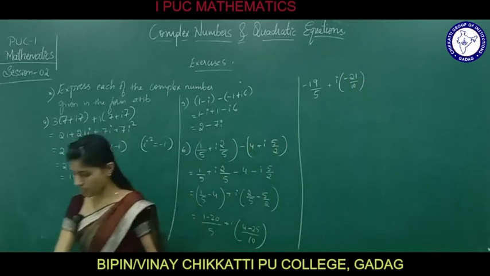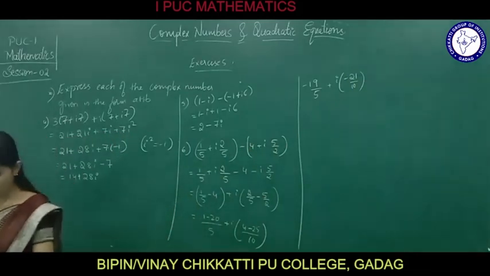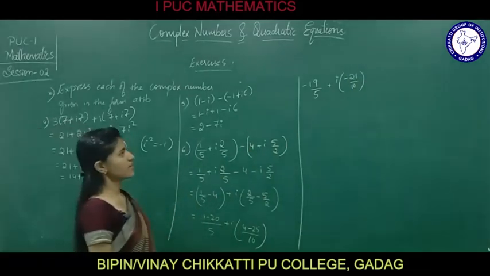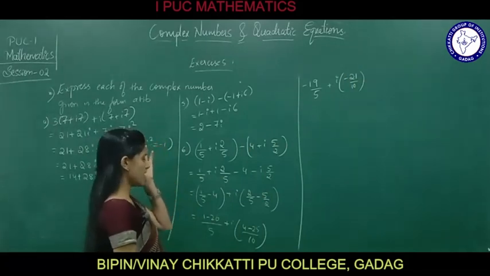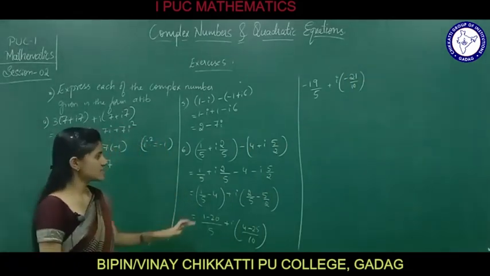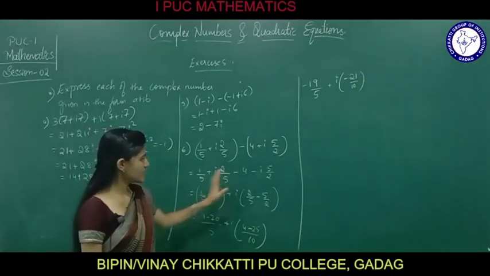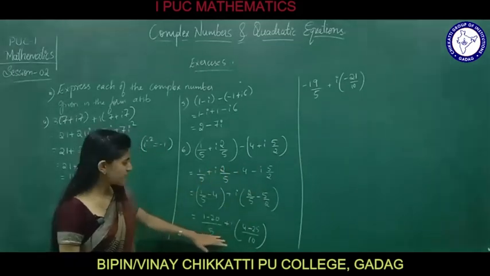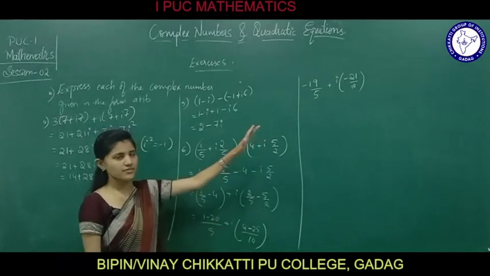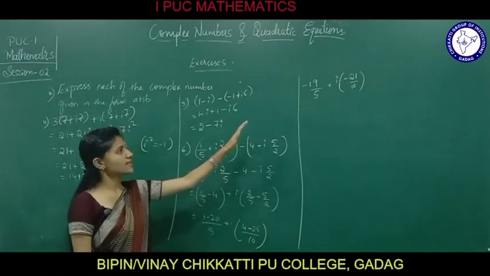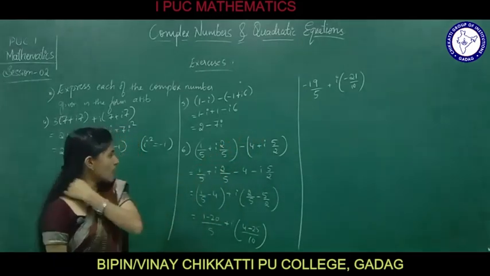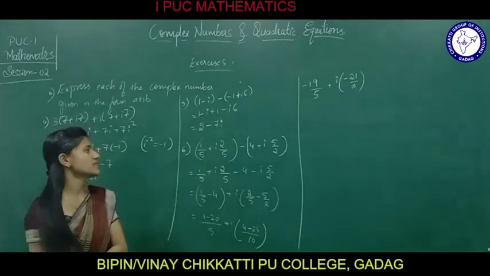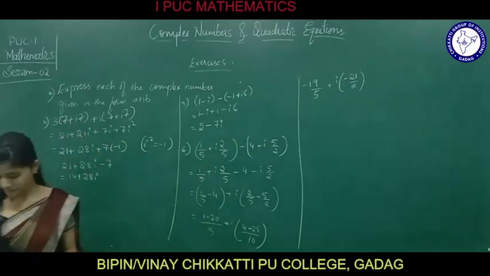We separated the real part and the imaginary part, took the LCM and simplified, and got minus 19 by 5 plus i into minus 21 by 10.